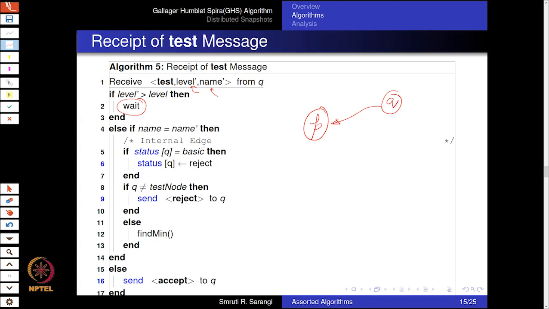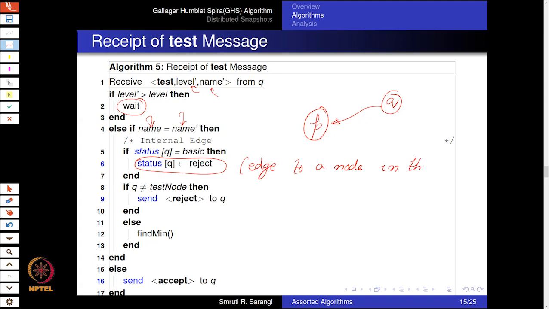Else if name is equal to name dash, which means my name and Q's name is the same, which basically means that a message has been sent to another node of the same fragment. Then if the status is basic, I mark the status to be reject. This clearly cannot be an MST, because you cannot have an edge to a node in the same fragment.